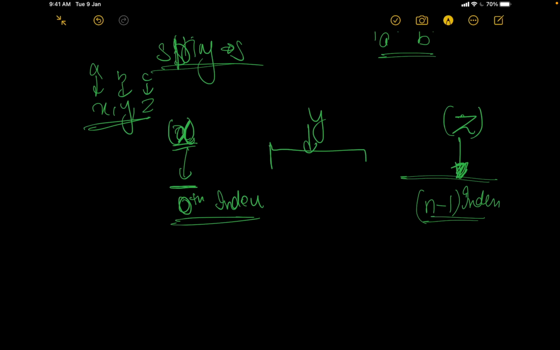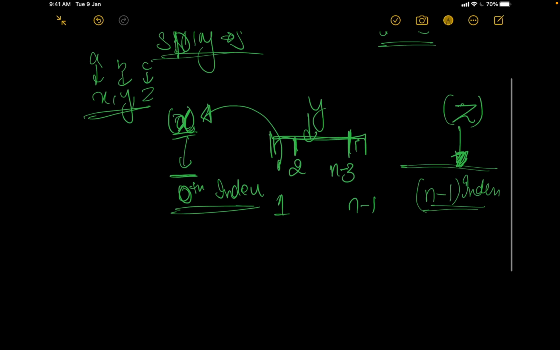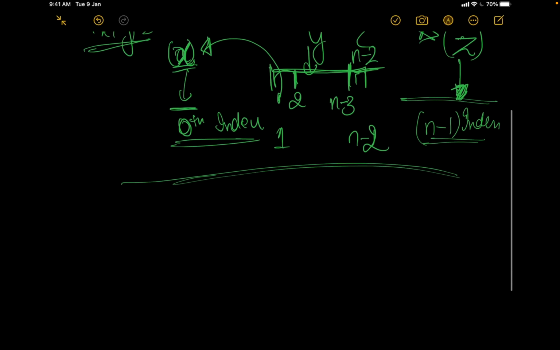Y could have any of the values from 1 to n minus 1. Let's say Y starts from 2, then the first index also would go to X. Or if Y ends at, say, n minus 3, then index n minus 2 would go to Z. So that's pretty trivial, something we definitely know.